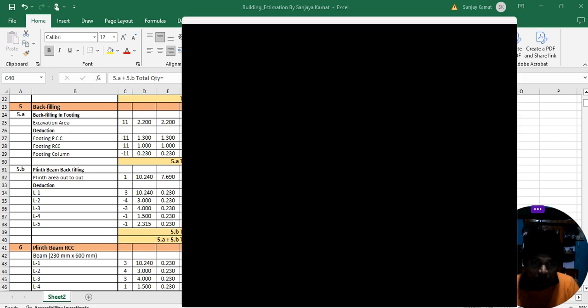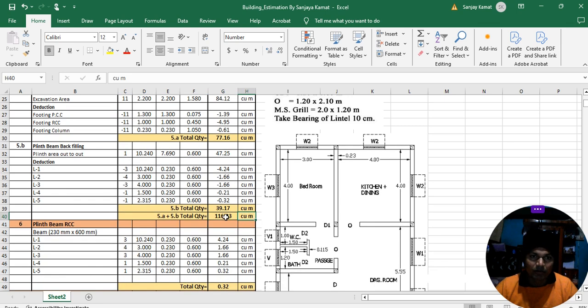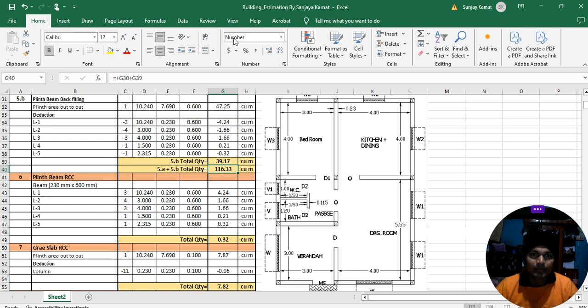If we add 77.16 cubic meter plus 39.17 cubic meter, it will come to 116.33 cubic meter. Okay, so this is the method to do the calculation.